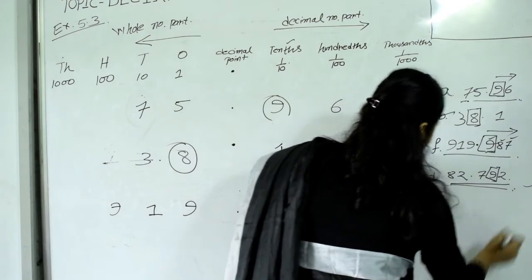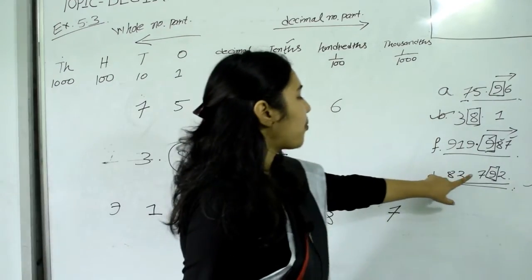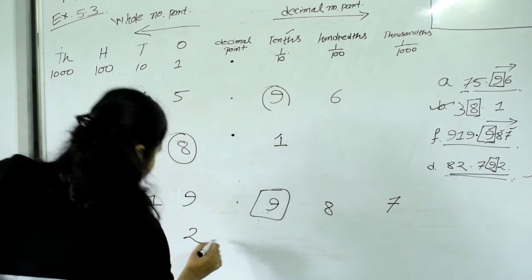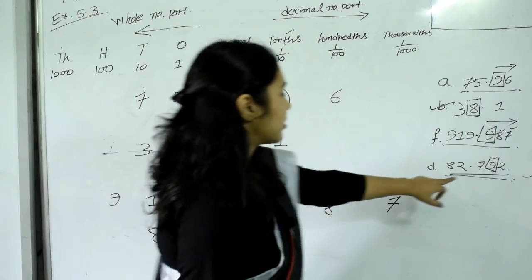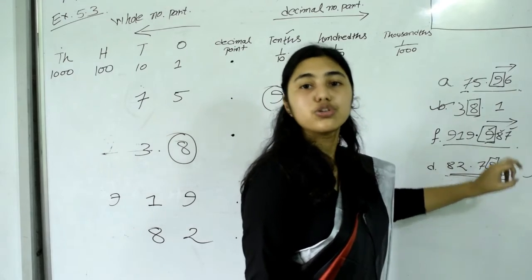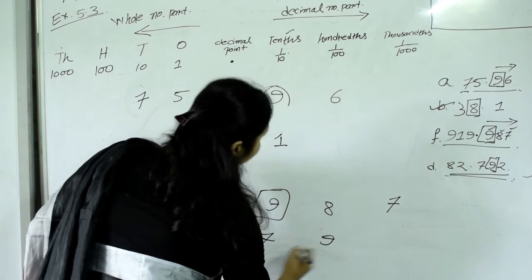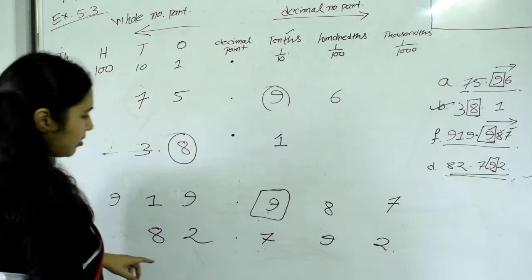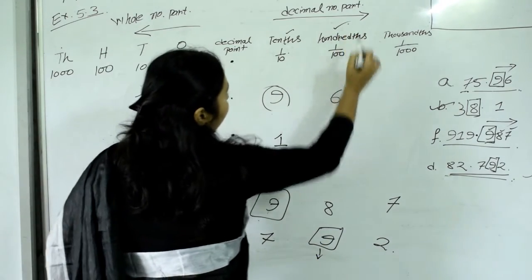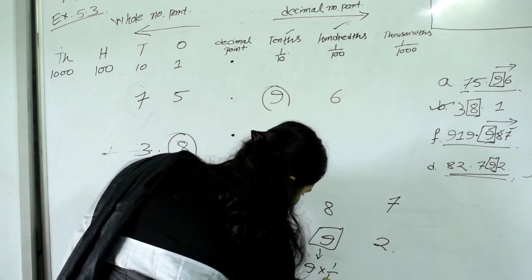9 by 10 means 9 part out of 10. Okay? Next, our last number, 82.792, which means 8 tens, 2 ones, 0.792, which means 7 tens, 9 hundreds and 2 thousands. So 792. Again, the place value of 9 will be 100. This is hundreds place, right? So 9 into 1 by 100.